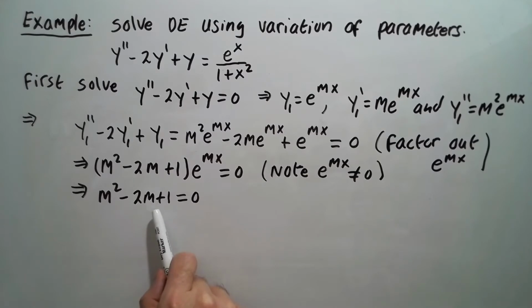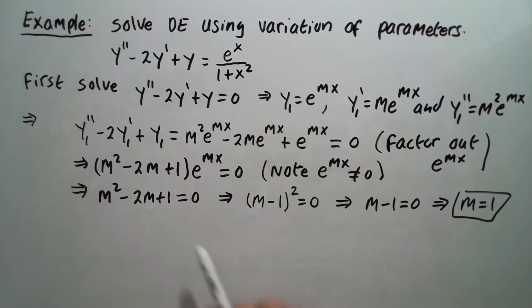You could use the quadratic formula on this to solve it, or you could recognize that it factors as m minus 1 squared. So our solution would be m minus 1 equals 0, so m is 1. So we're going to be using theorem 8 to find the second solution.